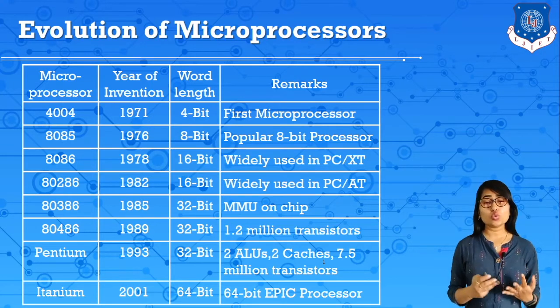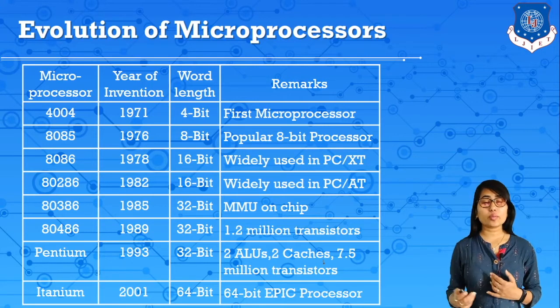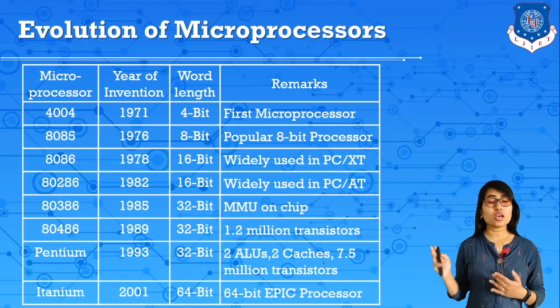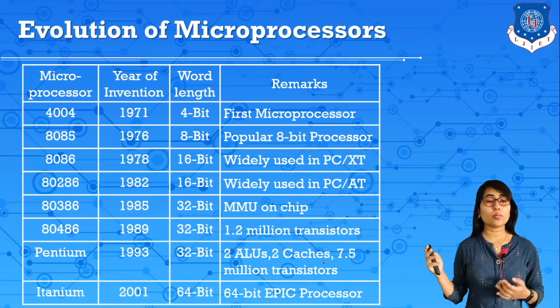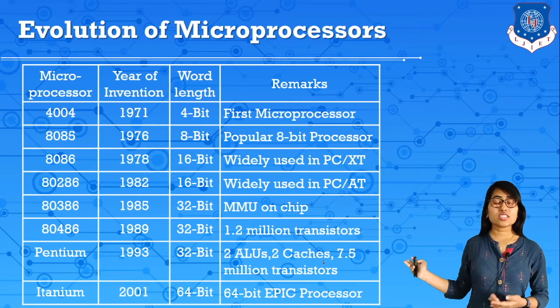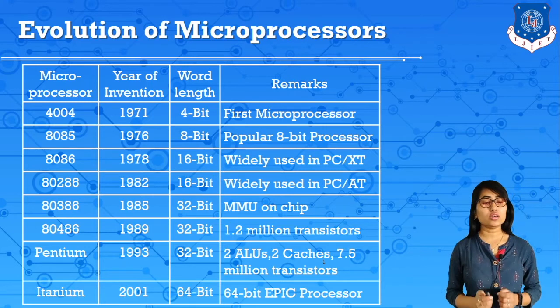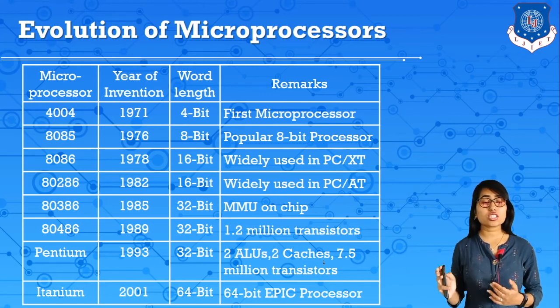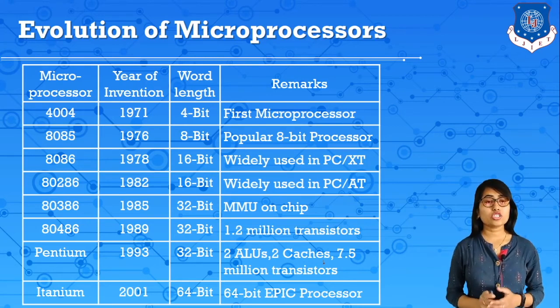It includes 2 ALUs, 2 cache memories and 7.5 million transistors. Then there is the Pentium series: Pentium Pro, Pentium 2, Pentium 3, Pentium 4 and so on. Next we have the Itanium processor, invented in 2001. This is a 64-bit EPIC processor. So these are our various microprocessors.